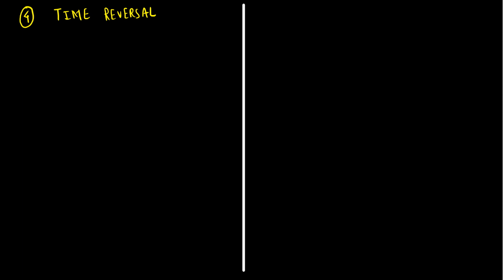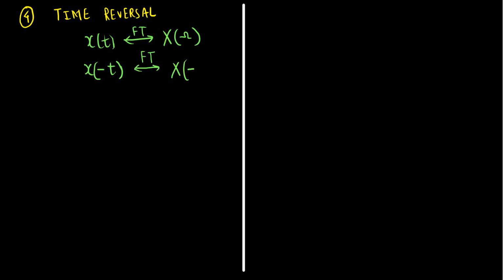The time reversal property says that if you have a signal x of t whose Fourier transform is given by, say, X of omega, then if we flip or make this time reversal in time domain, then the Fourier transform is also going to be flipped or reversed. This property is called the time reversal property of Fourier transform. That means that if we flip a signal in the time domain, the Fourier transform is also going to be flipped.